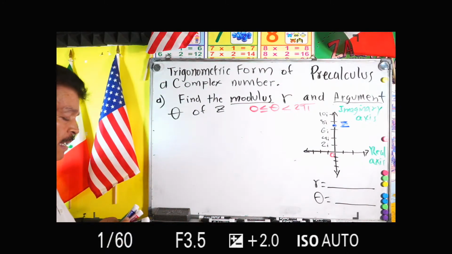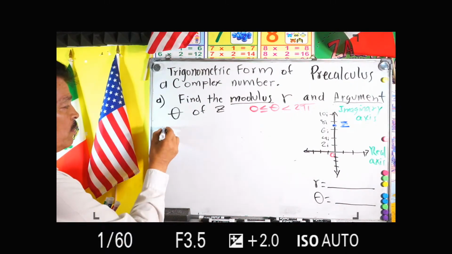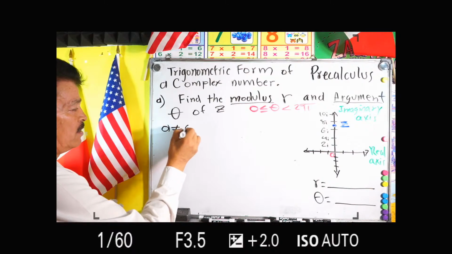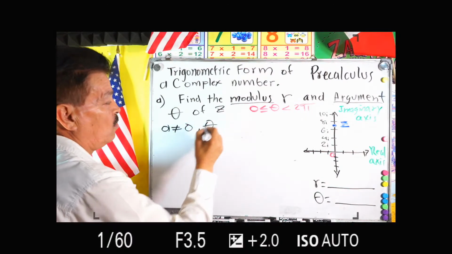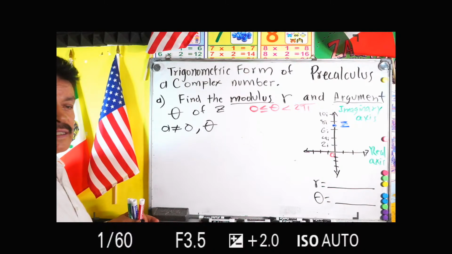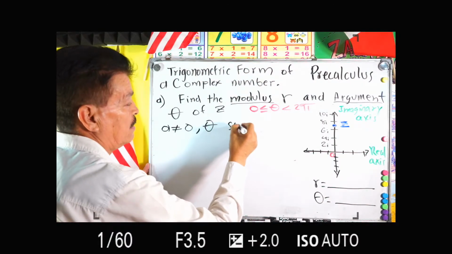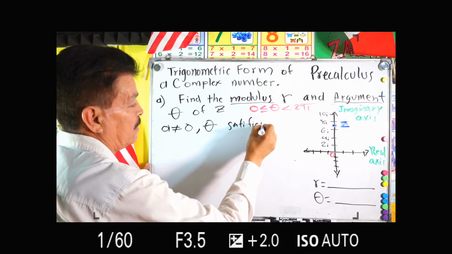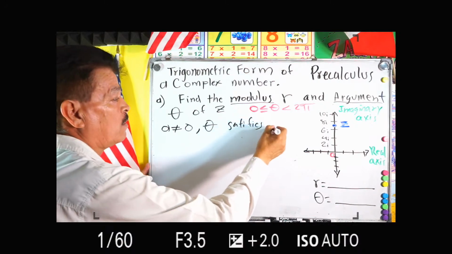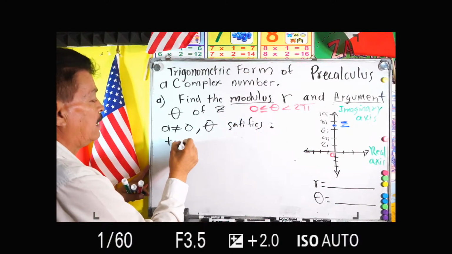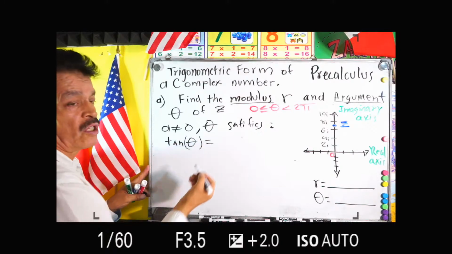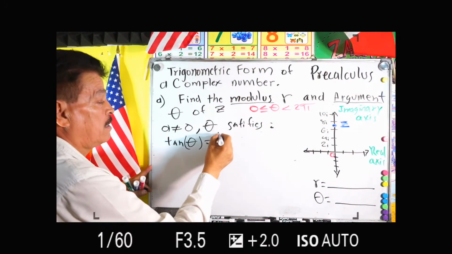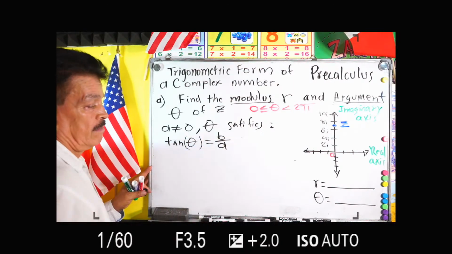When a is different to 0, the angle satisfies this: tan of the angle equals b divided by a.